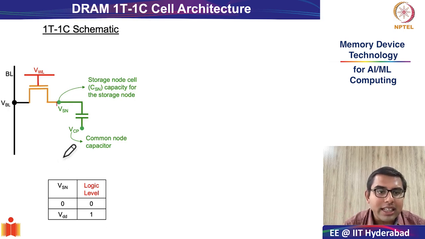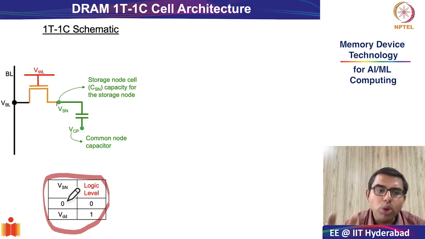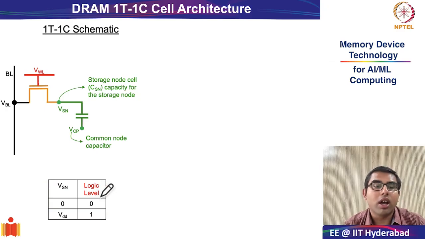This is because the storage node is what stores your logic levels. If the storage node has no charge or no voltage on it, it indicates a logic level of 0. If the storage node is charged to VDD, the logic level is considered to be 1.